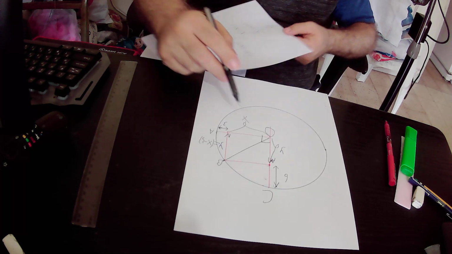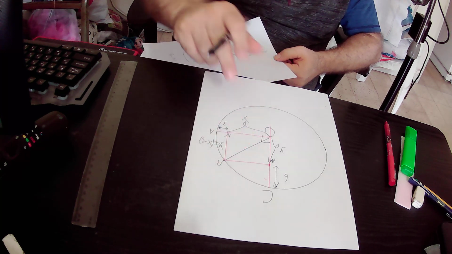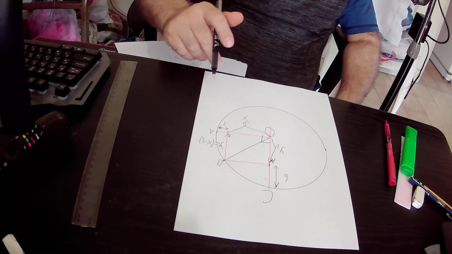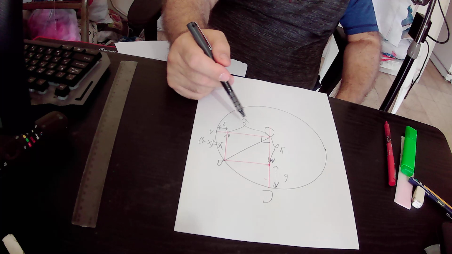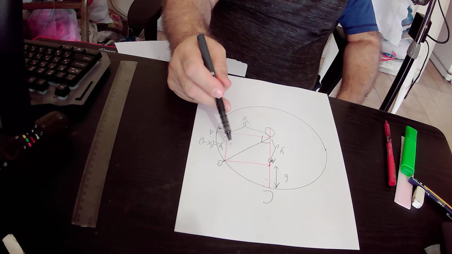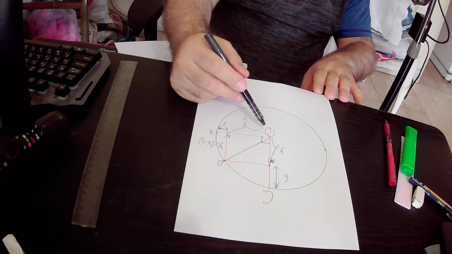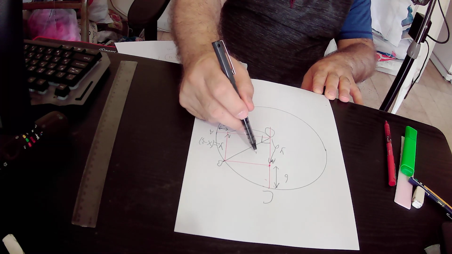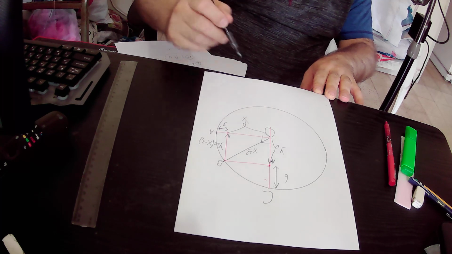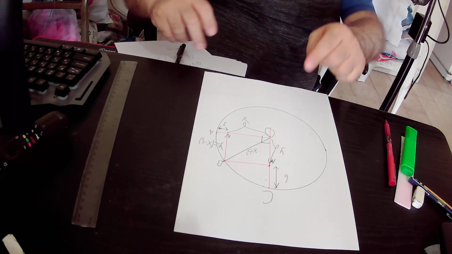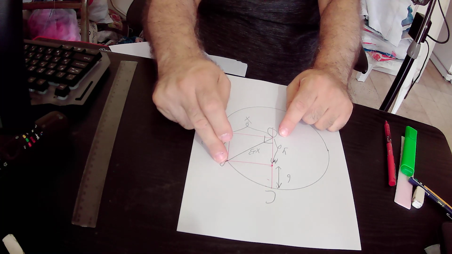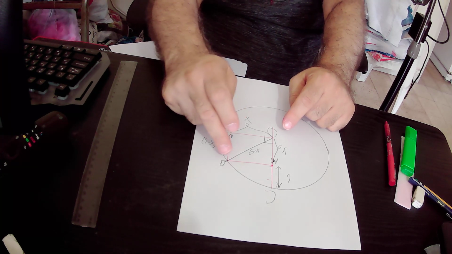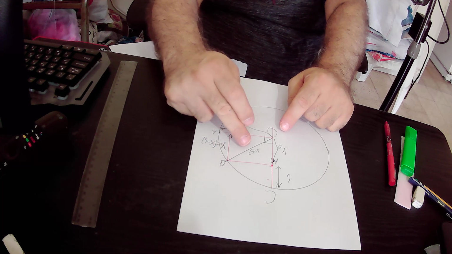But OA equals x plus 3, and OB equals OA, so OB, that is also the radius of this circle, also equals x plus 3.